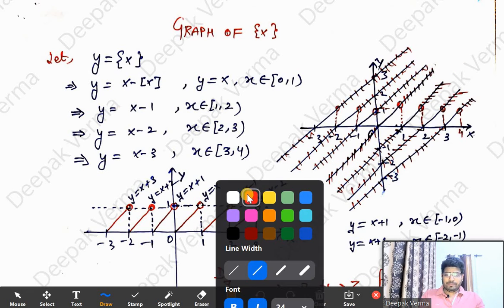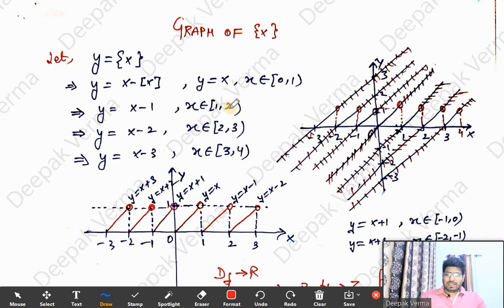Now look here. If x lies between 1 and 2, then the value of box x will be 1. So we get y equals x minus 1. Again, it's the equation of a straight line. If we plot this line, y equals x minus 1, it is like this.